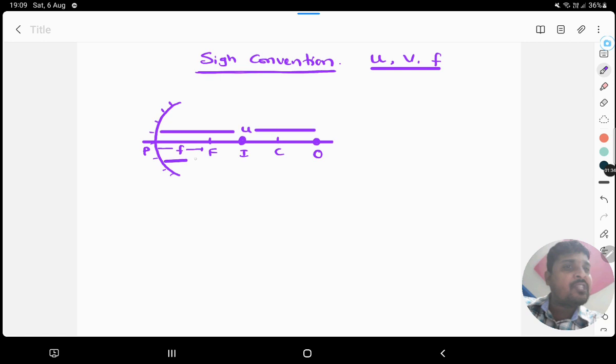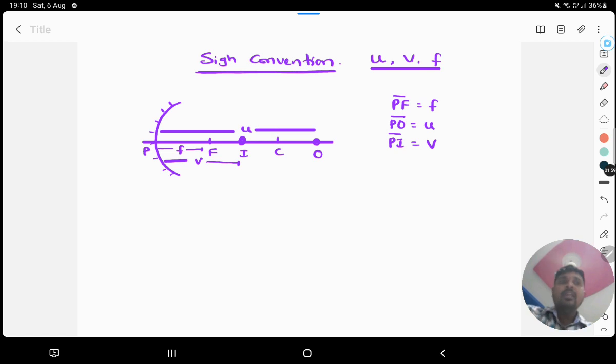Then this distance is what we call V. That means F is the distance between pole and focus, U is the distance between pole and the object, and V is the distance between pole and the image.